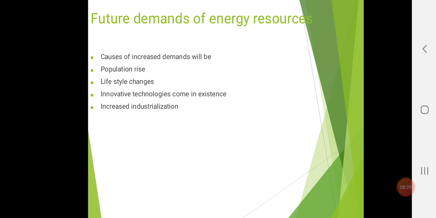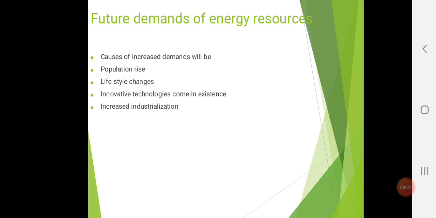Now, in this slide, there is a point called future demands of energy resources, which tells you about the causes of this increased demand. The first cause is population rise, of course. Second, lifestyle changes. As I always say, people want a comfortable life. For a comfortable life, they want automatic electronic machines that will do all their work.